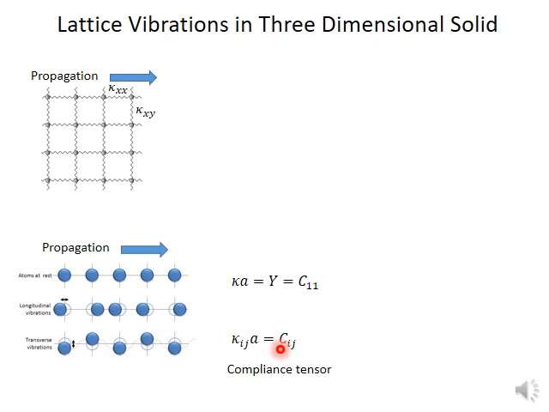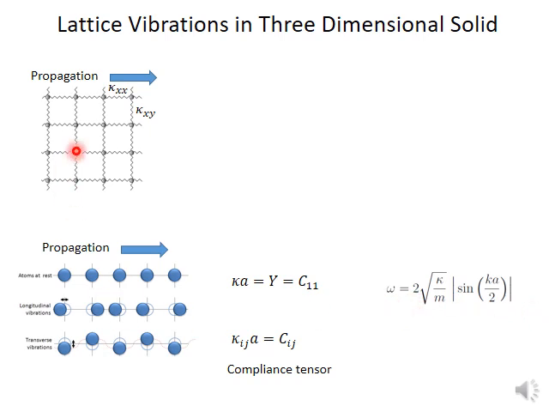The compliance tensor for a crystal is a macroscopic property, which is usually known or can be measured experimentally. Once you know the interatomic distance, which you can get from X-ray diffraction or neutron diffraction, you can find the spring constant tensors.